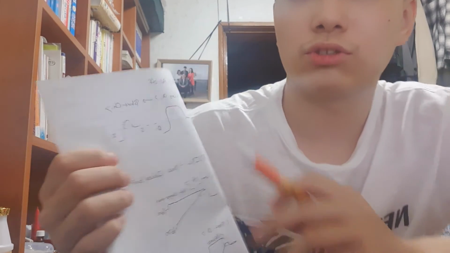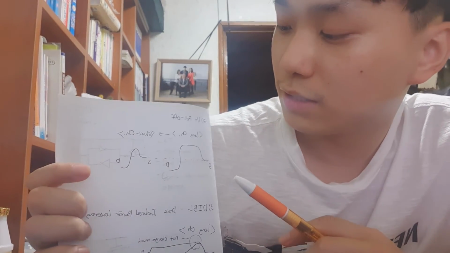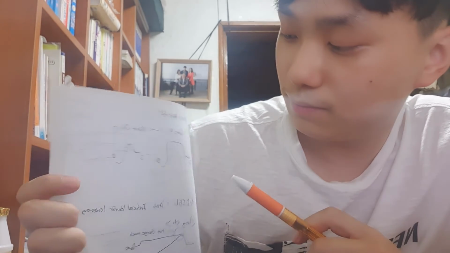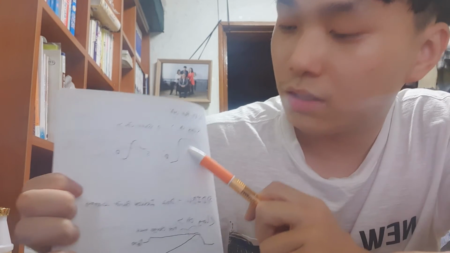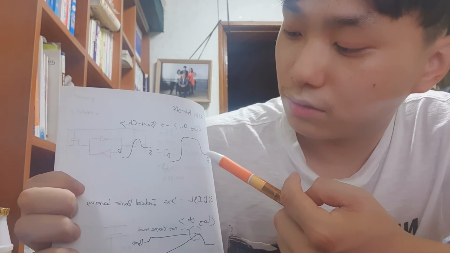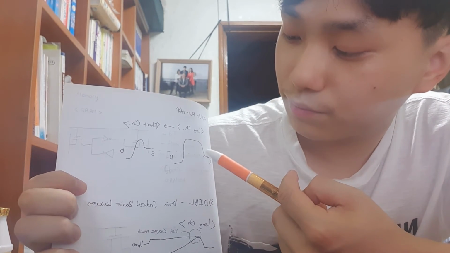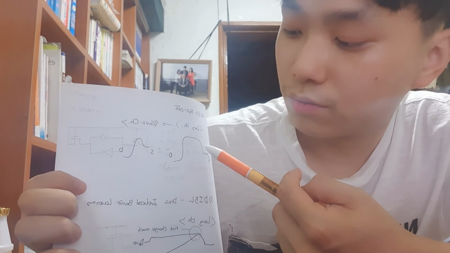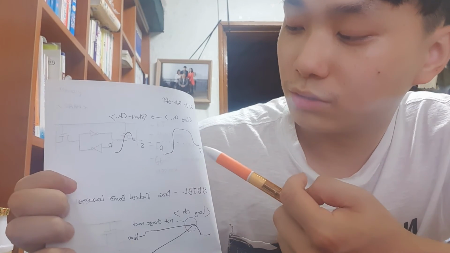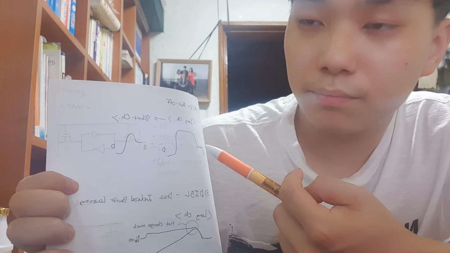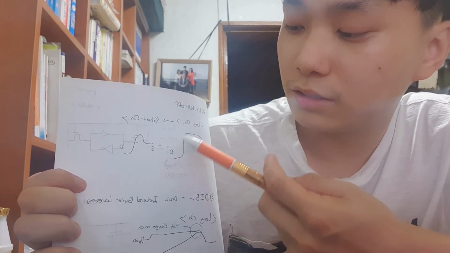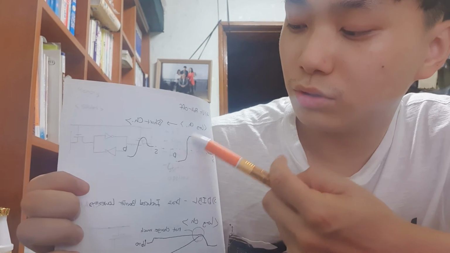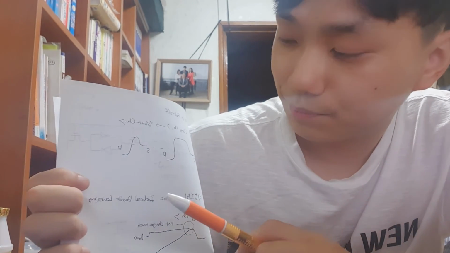The second short channel effect is VT roll-off. When the channel is long, the barrier is very high, so when in the off current, there is no path from source to drain.